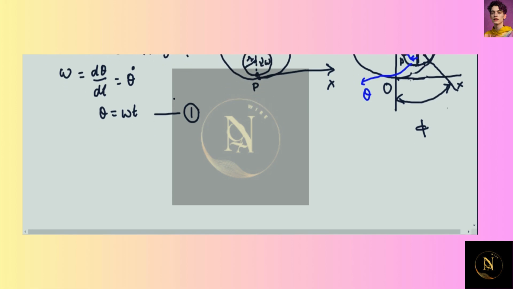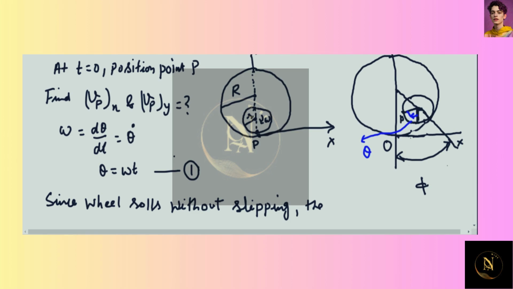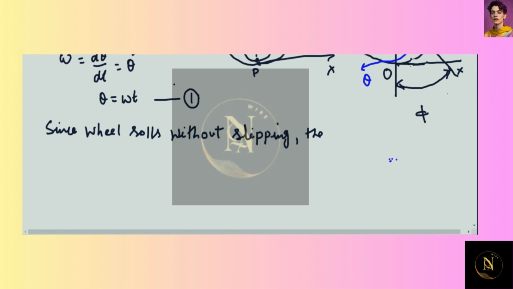Since the wheel rolls without slipping, the arc OC, this is O and this is C, I'm marking in the figure, is equal to PC.